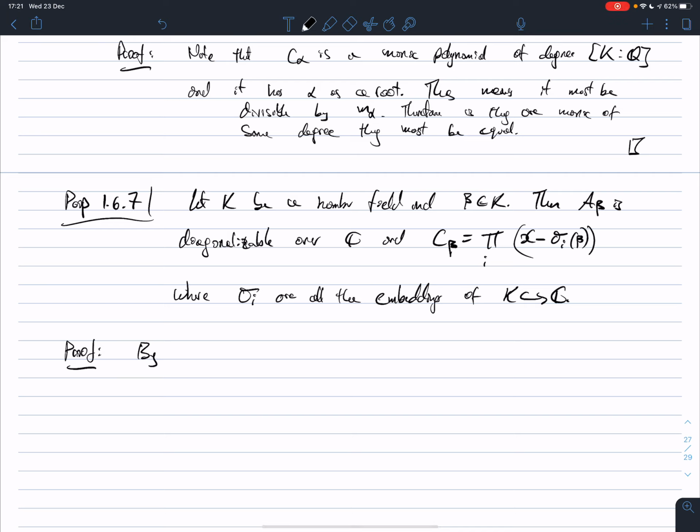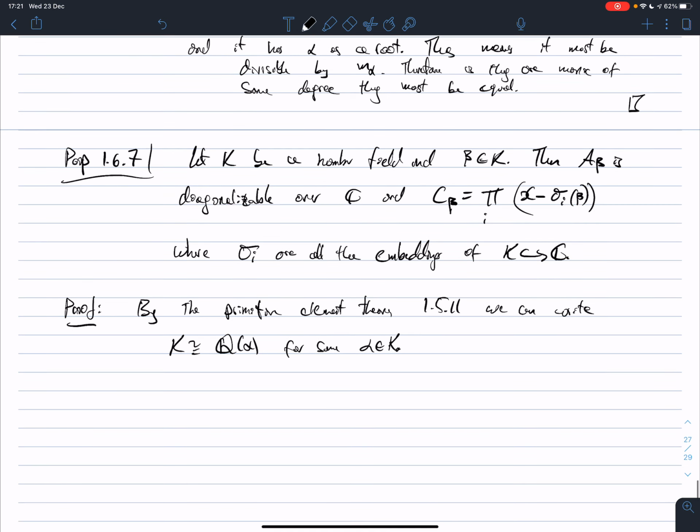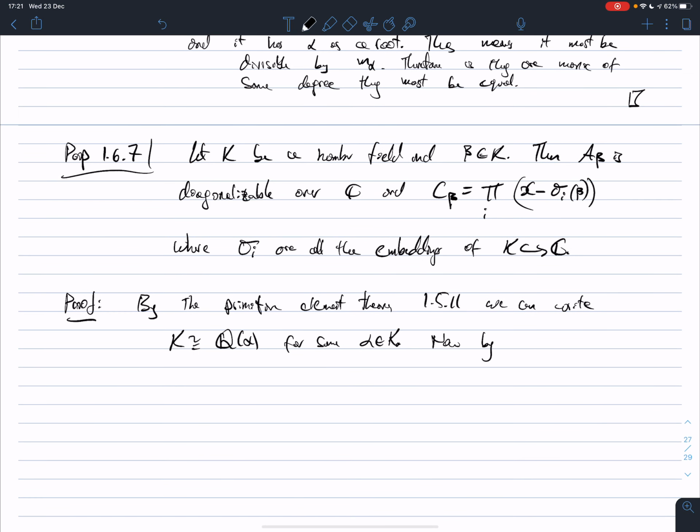So by the primitive element theorem, which was 1.5.11, we can write K looks like some Q of alpha for some alpha in K. Now by the previous proposition 1.6.6, we know C of alpha is the same thing as the minimal polynomial of alpha.